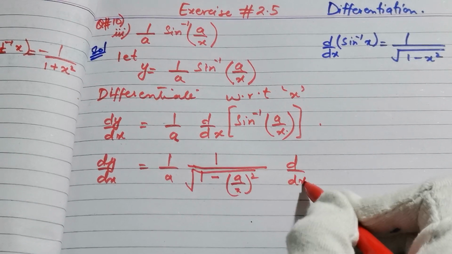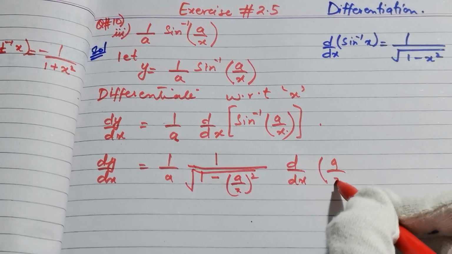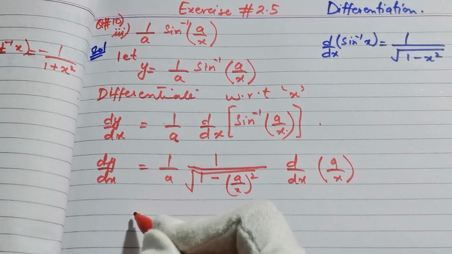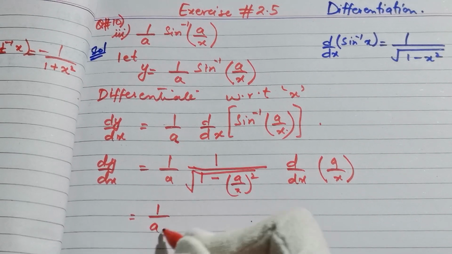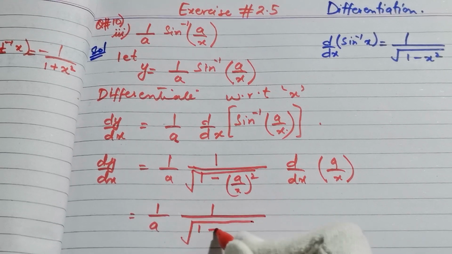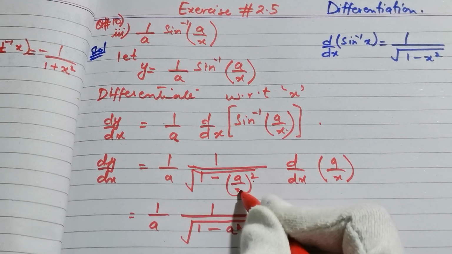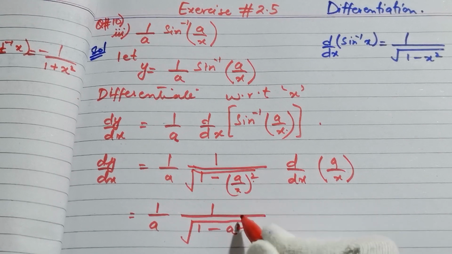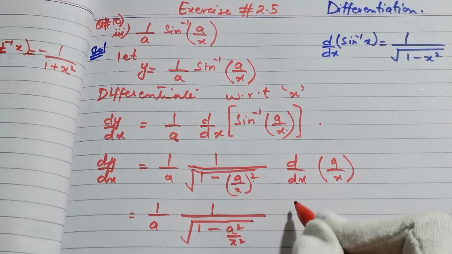Now differentiate. This is not simple x, so we differentiate a by x. Now 1 by a, 1 by under root 1 minus a square over x square.